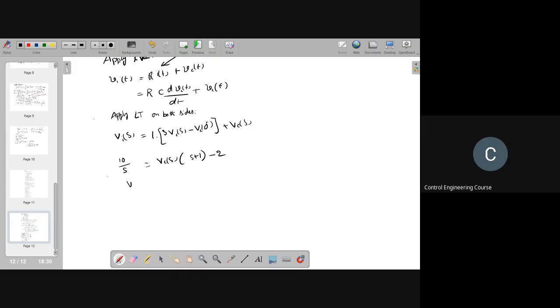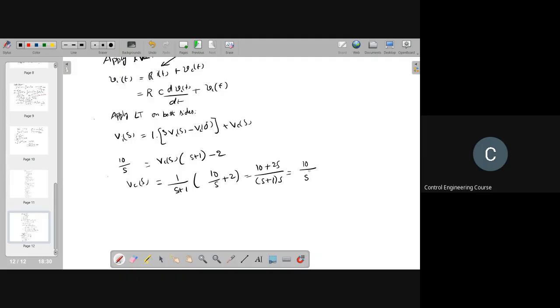Now what is Vc(s)? Vc(s) will be 1/(s+1) into (10/s plus 2), that is equal to (10 plus 2s) over (s+1) into s. Now apply partial fractions. For the s term, put s equal to 0 in this equation, then you will get 10.